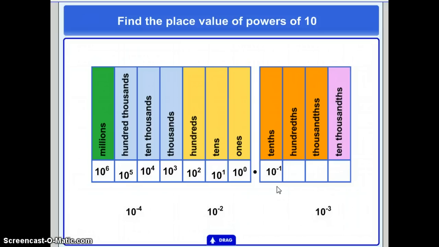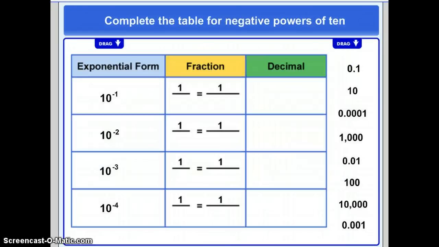Therefore, we have 1 over 10 to the first. The hundredths place is 1 over 10 to the second, or 10 squared. The thousandths is 1 over 10 to the third, and then the 10,000ths is 1 over 10 to the fourth power. Moving on.